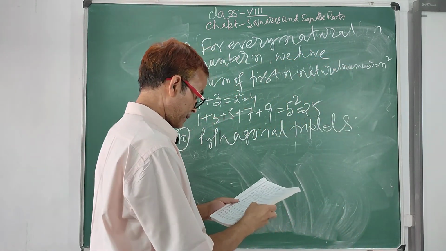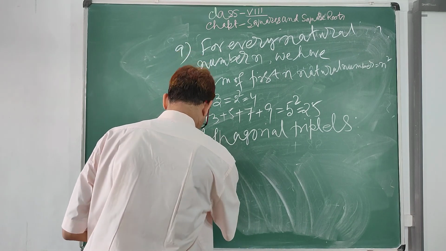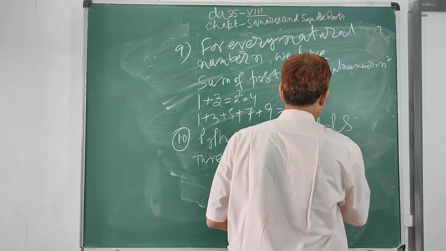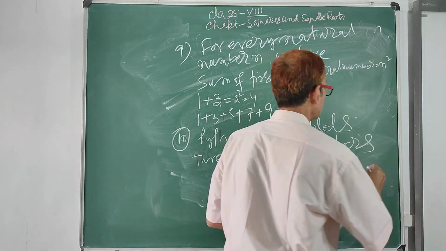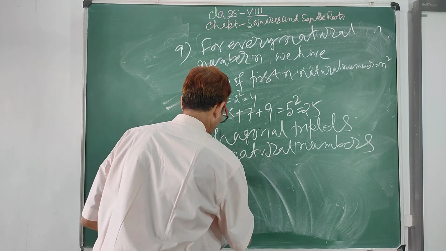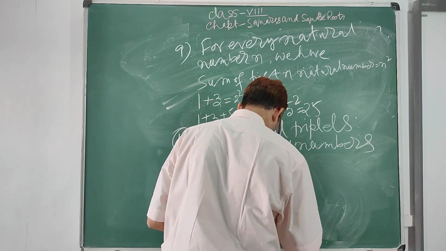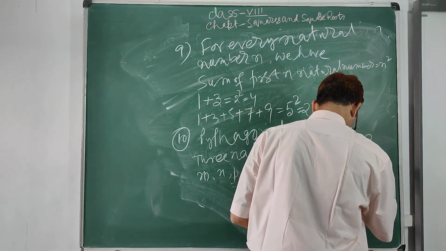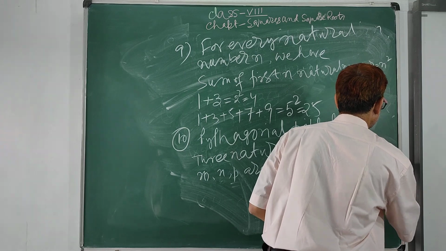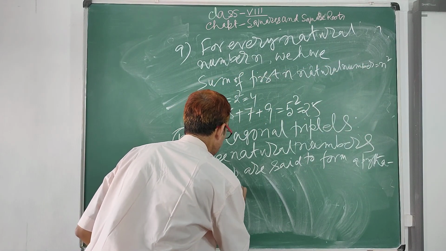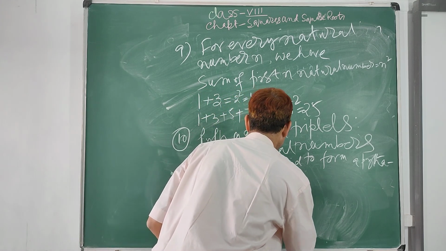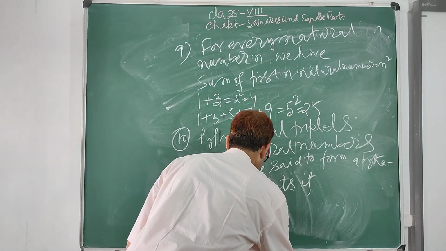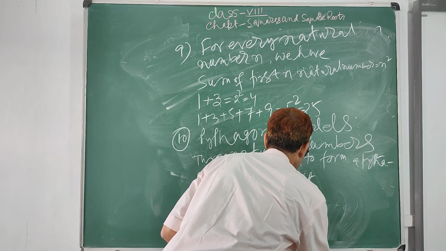Pythagorean triplets: for three natural numbers, this square is equal to this square.